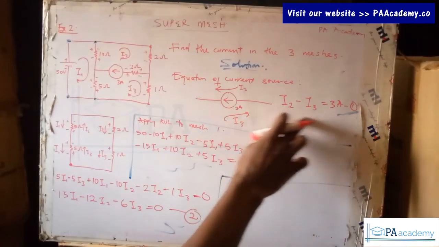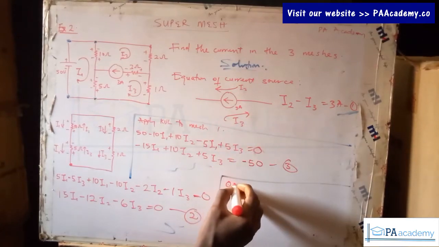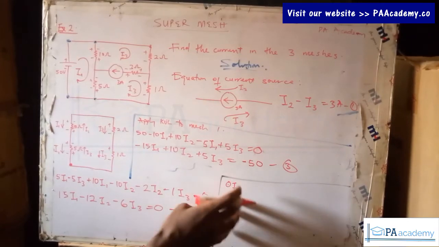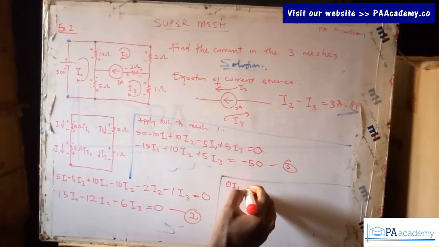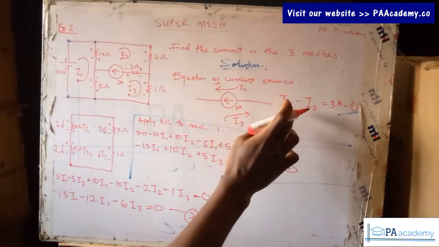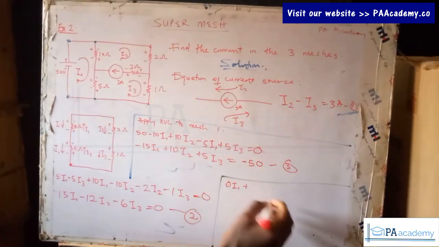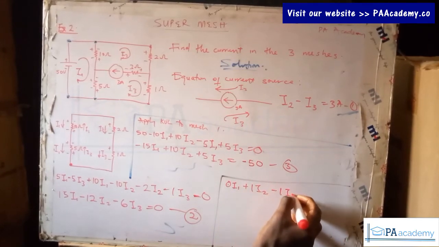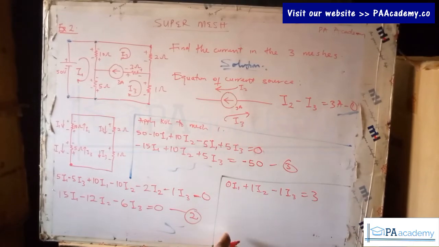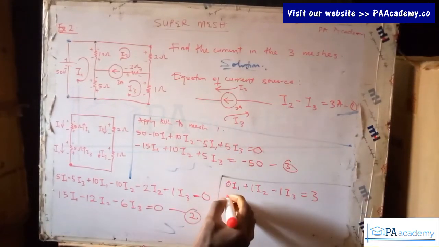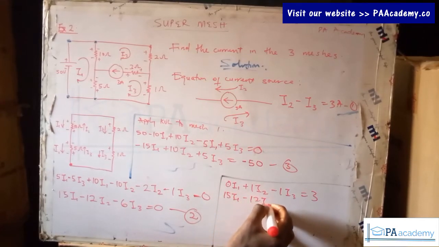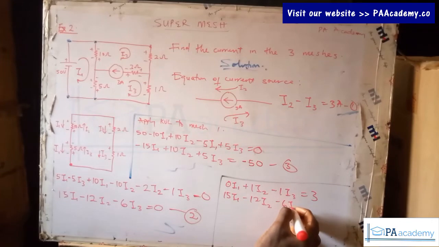For equation 1, we don't have I1, so I can just have it as 0 I1, because I want to use the calculator and I have to put some values there. Then plus 1 I2 minus 1 I3 equals 3. For equation 2, we have 15 I1 minus 12 I2 minus 6 I3 equals 0.